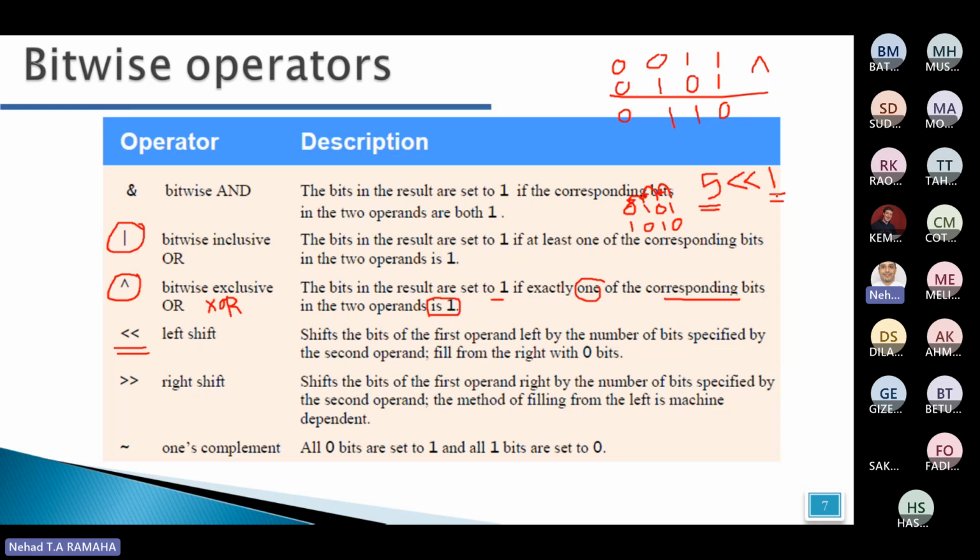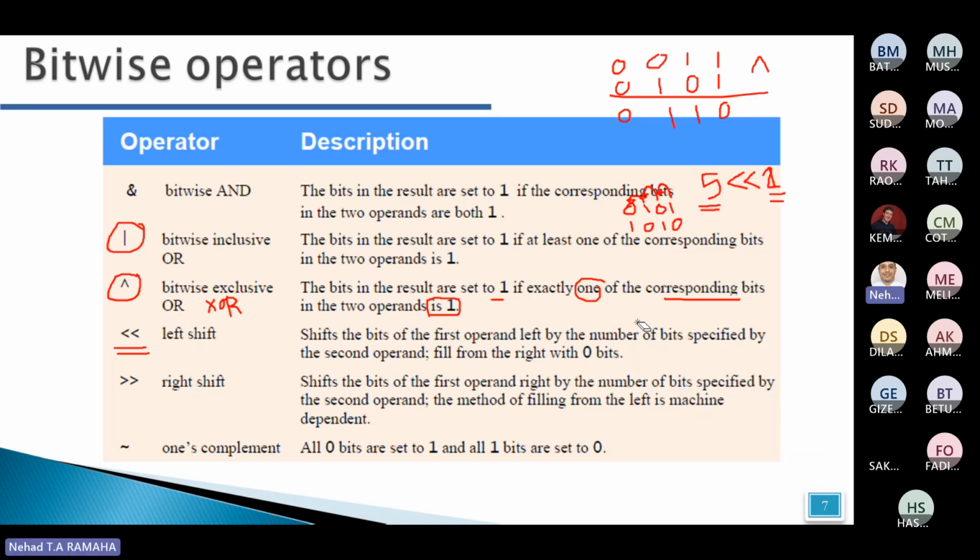So 5 shifted by 1, what does it become? It becomes like this: 1, 2, 4, 8. So 8 plus 2, which is 10. It's like you multiply it by 2, by the way. Okay, what if I shift it by 2?